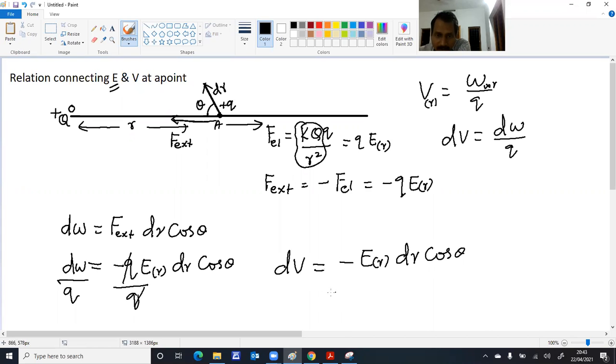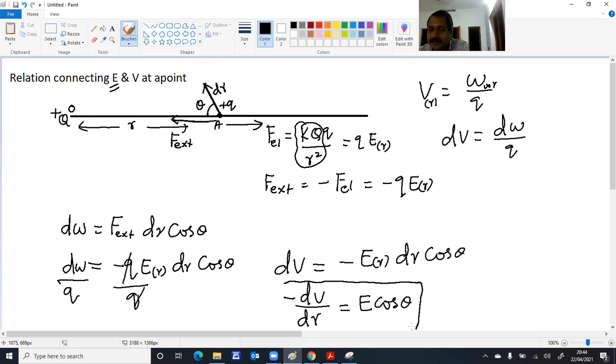If you rearrange this, you'll get minus dV by dr equal to E cos theta. This is a general relation. This is the relation between electric field intensity and potential in differential form.